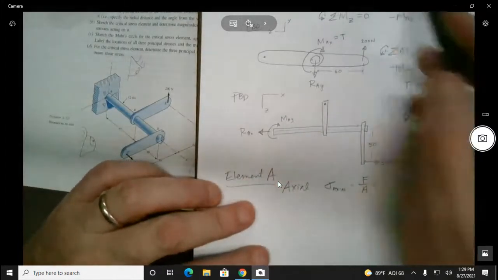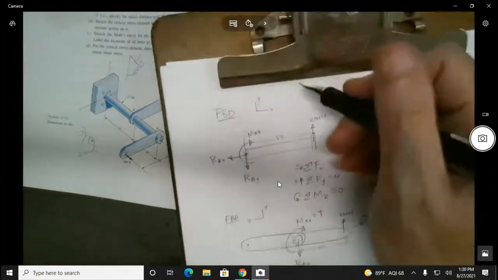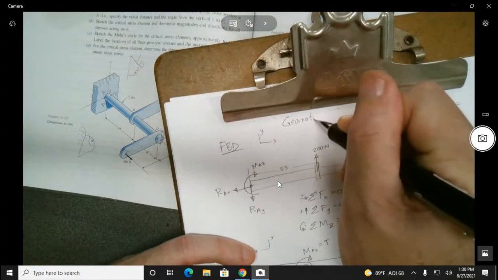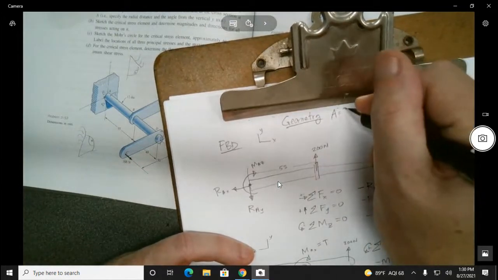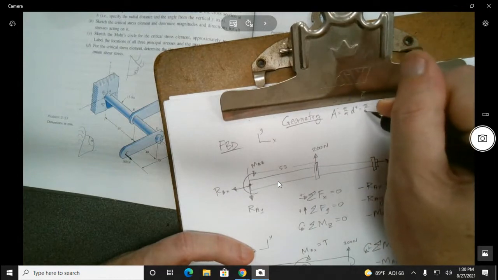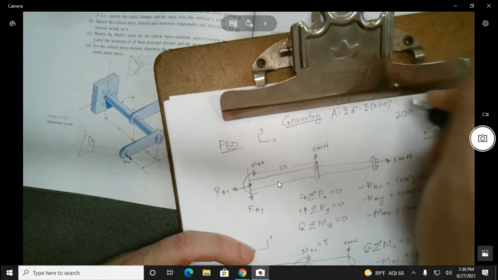So something I actually might do even before anything else, if I was doing this problem, and I should have done, I might go geometry, and I'm going to write it up here because it's a good thing to get out of the way. The area is pi over 4 d squared, or pi over 4 times 0.012 squared.